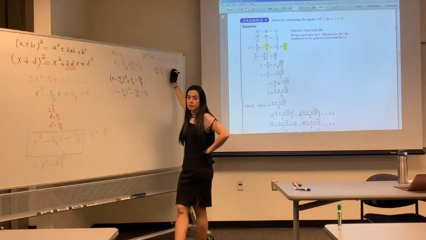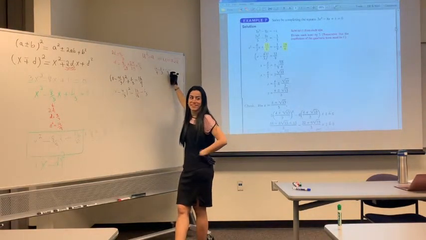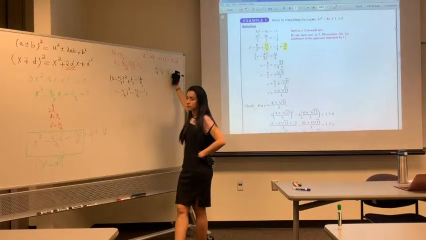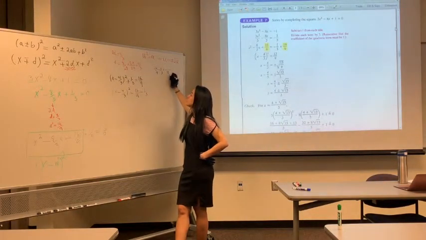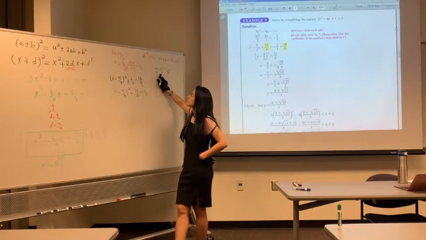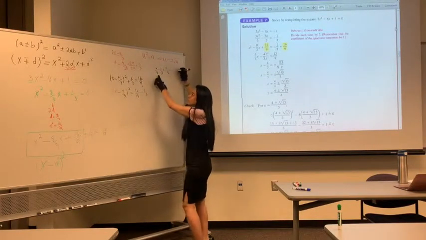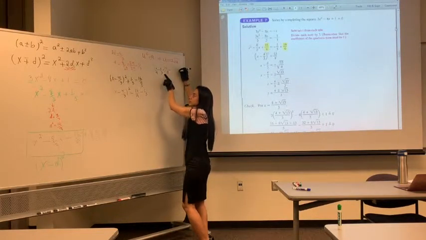What is the common denominator? 9. Correct. So 9 is the common denominator. From the first fraction, we don't have to multiply by anything because the common denominator is exactly the same as the denominator of this fraction.